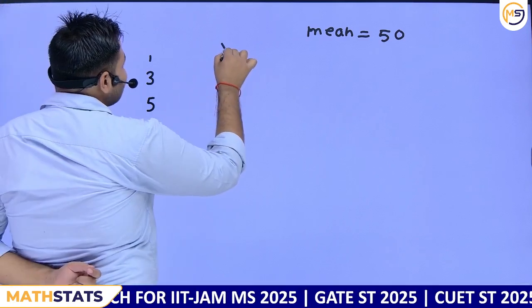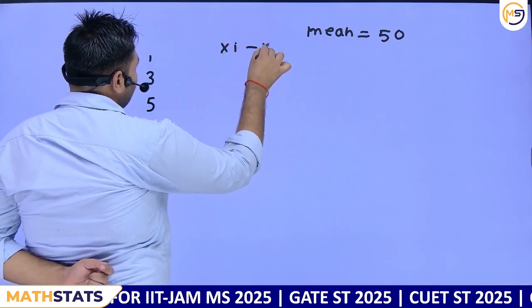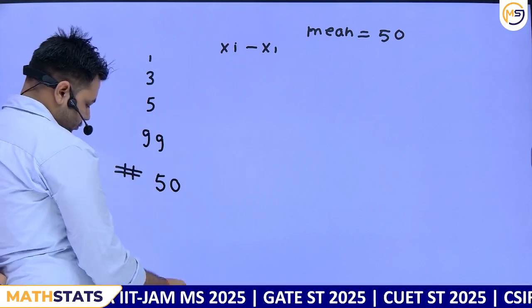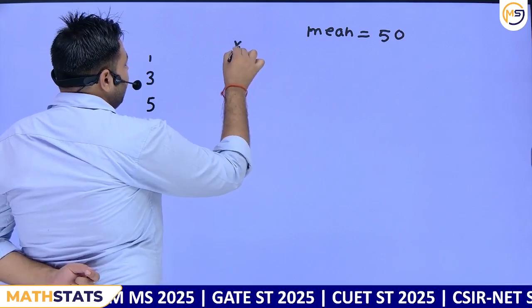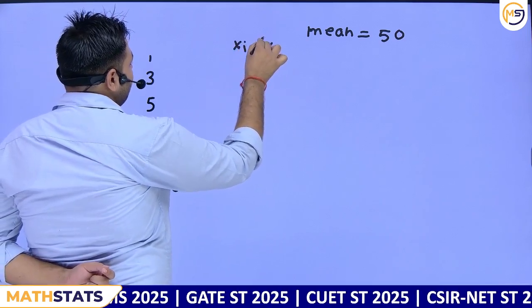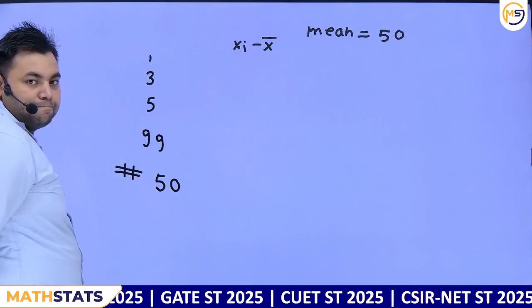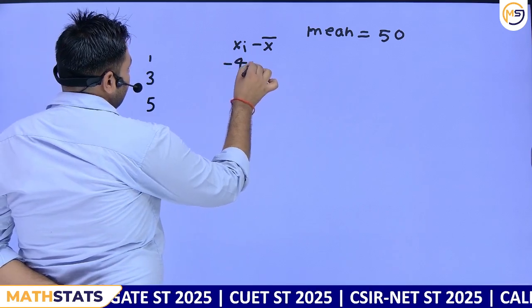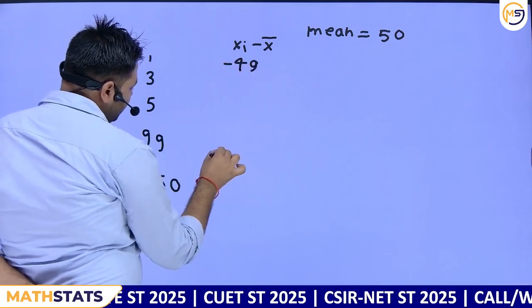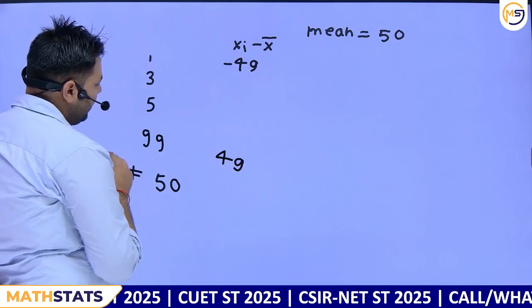So what is xi minus x bar? What is the value of xi minus x bar? So the first value is minus 49 and the last value is positive 49.